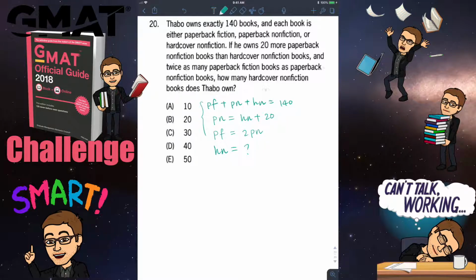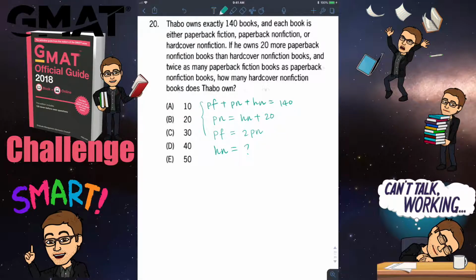That means when you solve this system of linear equations, you should focus on HN. Eliminate the other two variables, PF and PN. Fortunately, we have two expressions for PF and PN. So all you need to do is just replace the first equation with the proper expressions.